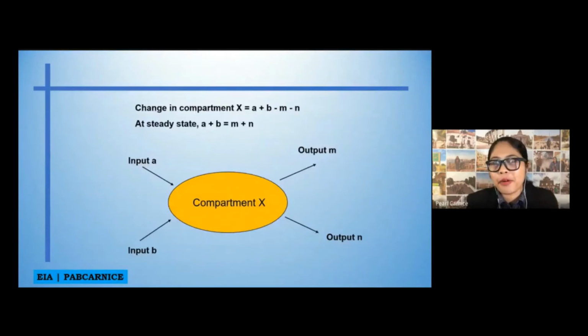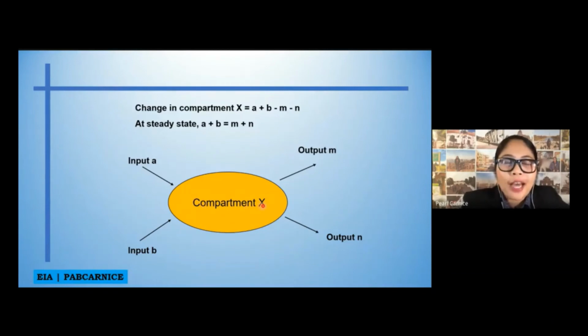I think I can explain more with this illustration. For example, you have a compartment X, and let us say you know the exact volume of the compartment X. And if there is an input A, of course your compartment X will be added with your input A, and for sure you will know the current volume in your compartment X.